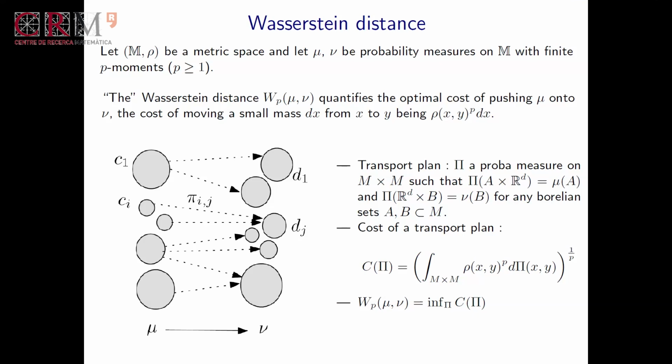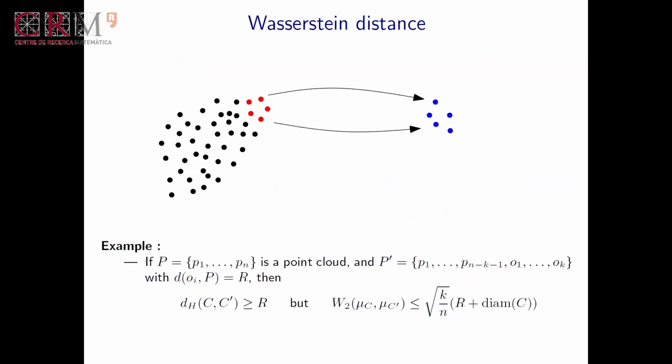Just let me show you a very simple example that will give you an idea why I like this distance for what we are doing. Suppose that I have two measures now, just an example. These are in R2, these are discrete measures.